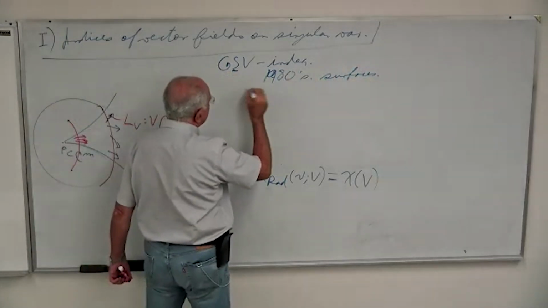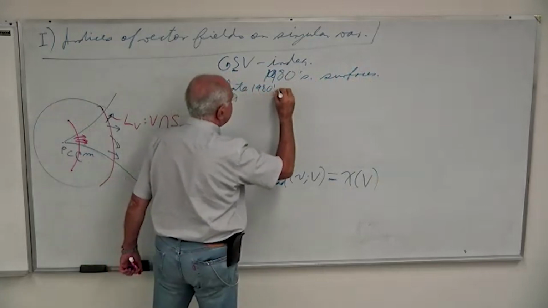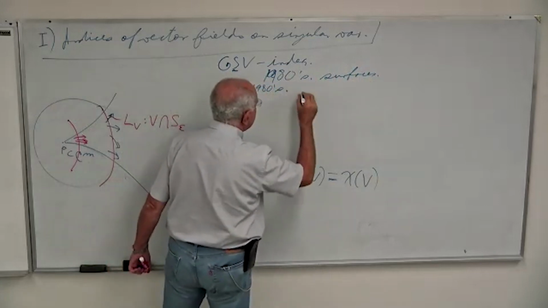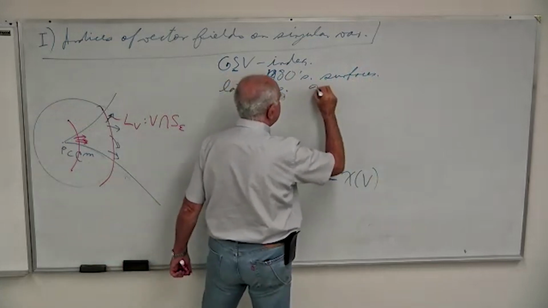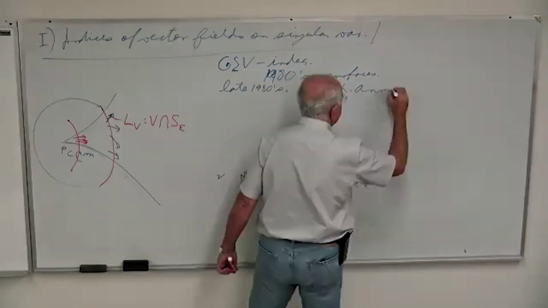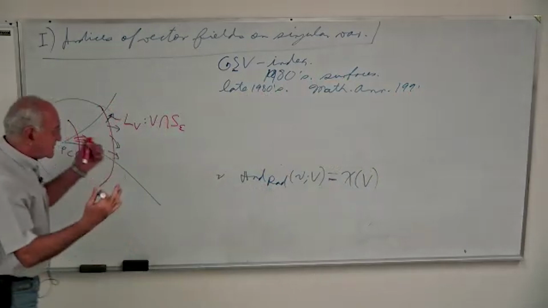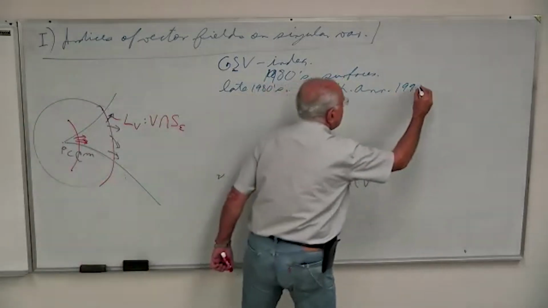It was published in the late 1980s. We defined it. It appeared in Mathematische Annalen in 1991. So it was before the other one in general.